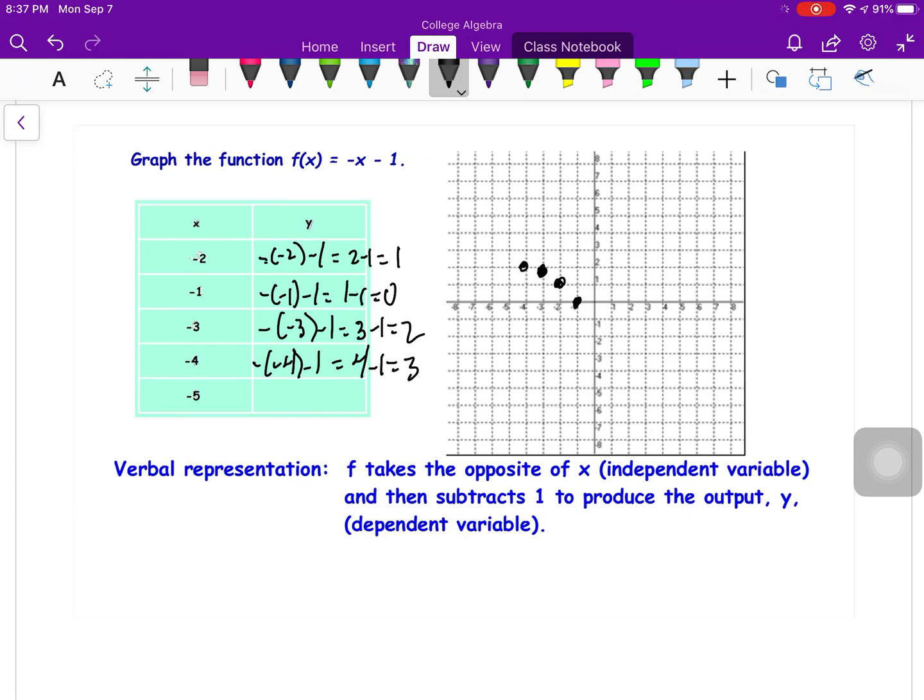Negative 4, 3. And the opposite of a negative 5 minus 1 is 5 minus 1, which is 4. Negative 5, 4. So now I know it is these points.